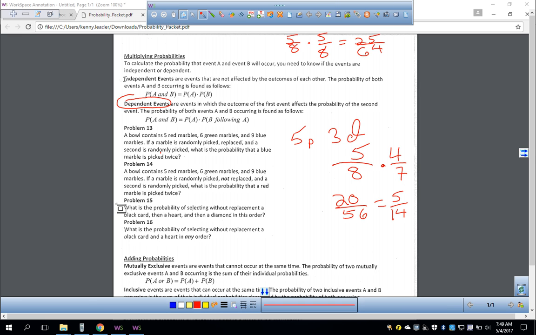hey, what are you doing? Probability that the lottery, you know the lottery? Do you know how the lottery works? Anyone know? Me neither. I never play. You know why I don't play the lottery? Because I'm a math teacher and I'm smart enough to know that the odds are against me if I play the lottery. However, I think when you play the lottery, you have to get like 5 numbers or something.